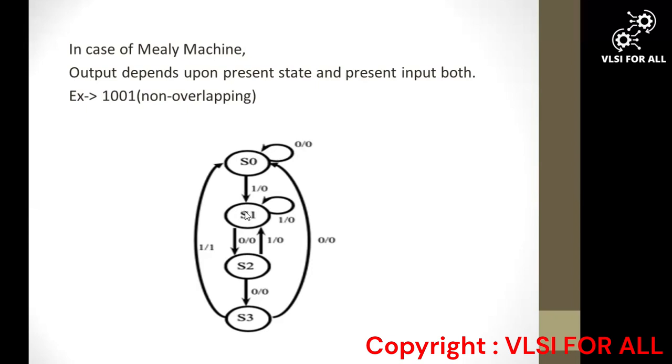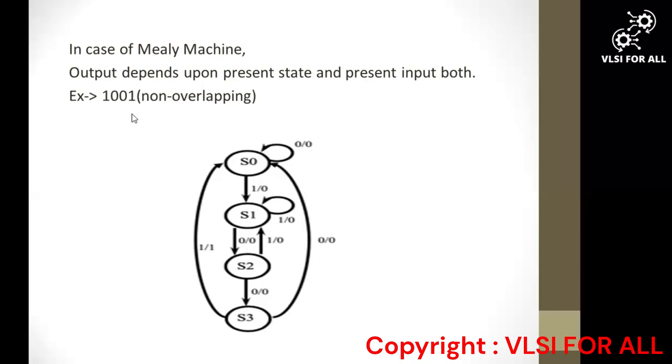Similarly for S1, when it detects 0, it will move to S2. But when it detects 1, it will remain on S1. Similarly for S2, when it detects 0, it will move to S3. But when it detects 1, it will go to S1. And when on S3, when it detects 0, it will go to S0.